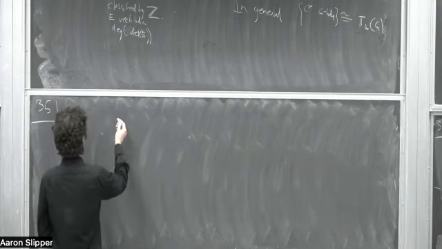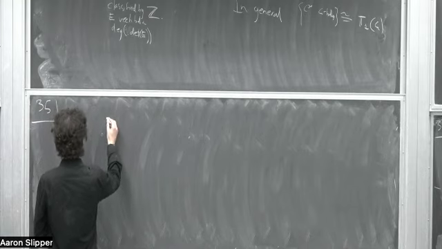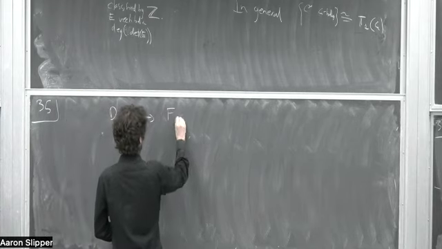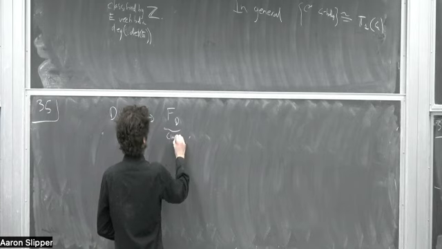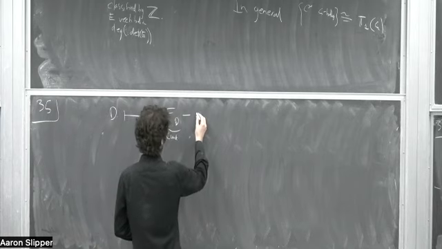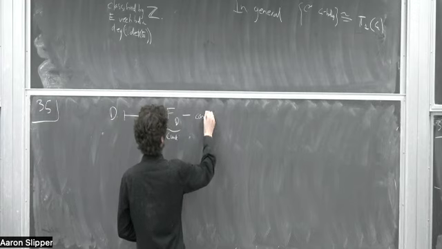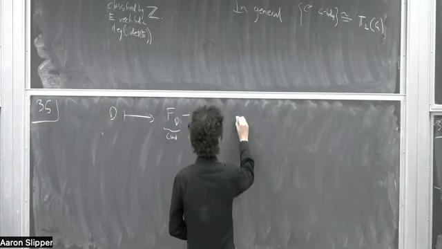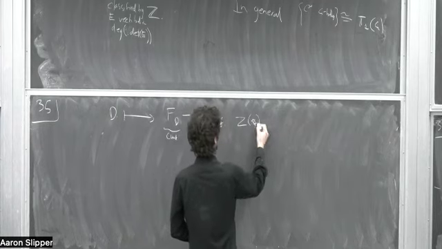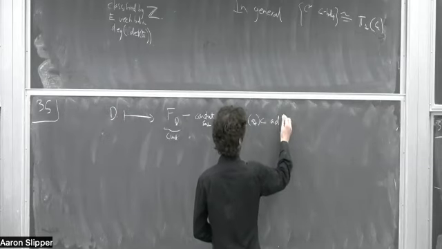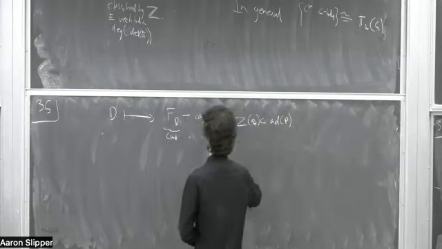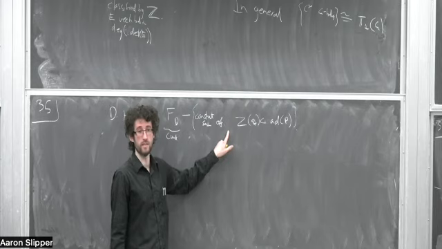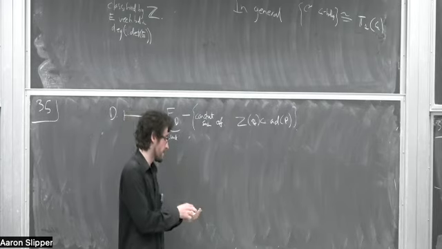What we do is take a connection D, which maps to F_D, the curvature, minus a constant section of the center of the Lie algebra of G inside ad P. And what is this constant section?